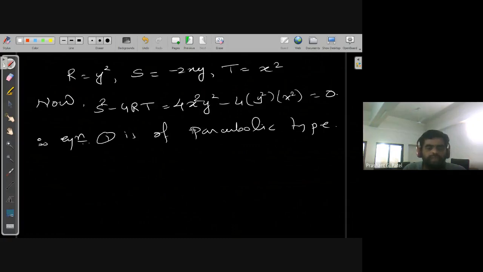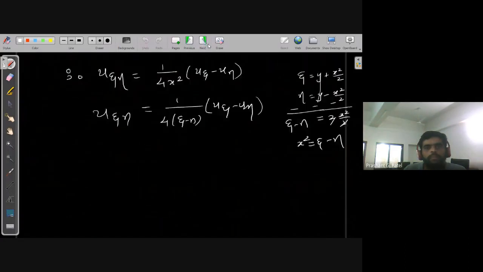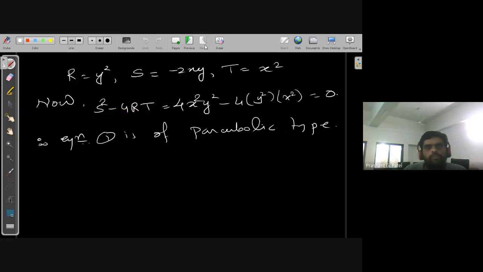So this is the type of the equation we'll consider. And you just observe, if it is a parabolic type, then the canonical form is of this form. That is the second case we have. So now consider, as we have seen in the previous method, the equation r alpha square plus s alpha plus t equal to 0.